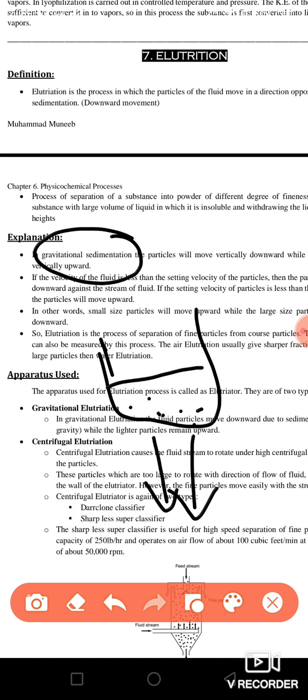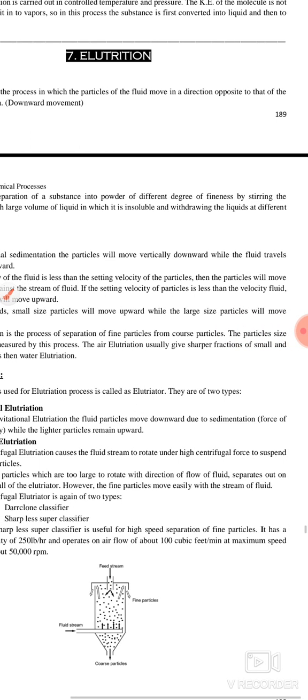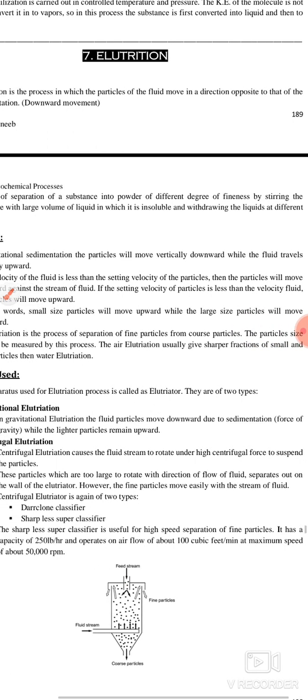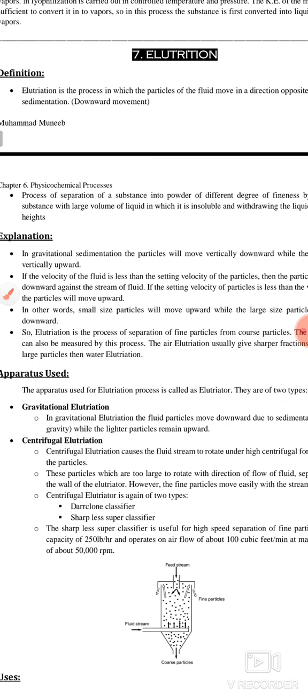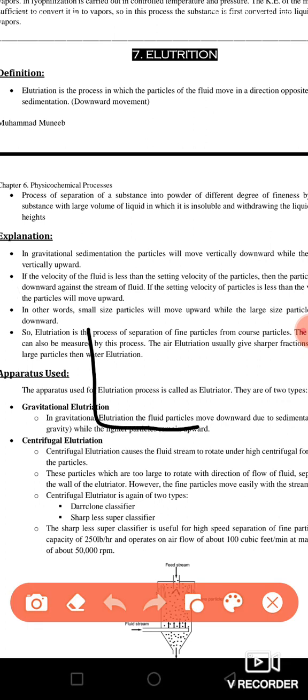So in gravitational sedimentation, the particles move vertically downward while the fluid travels vertically upward. Your dense particles move downward, and the fine particles having less density move in the upward direction.